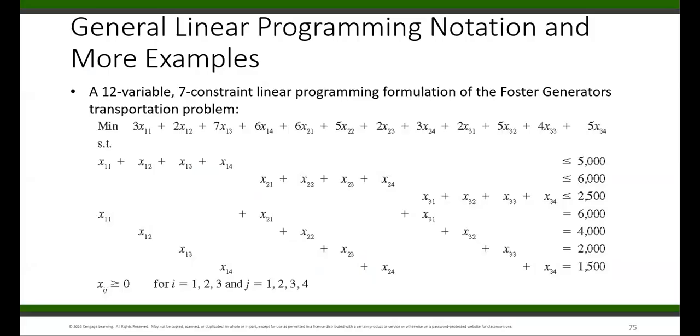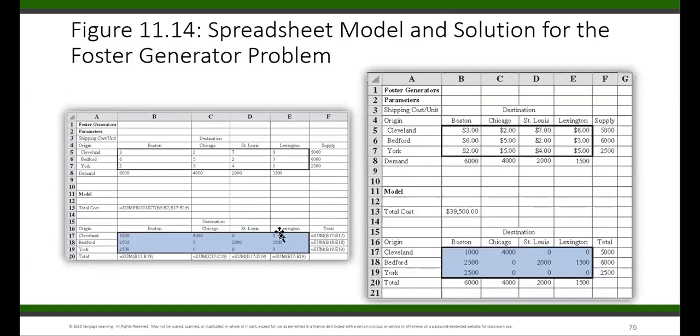When we're searching for an alternative solution, we can use the best value that this can take, which we found when we solved it to be 39,500, the total cost.